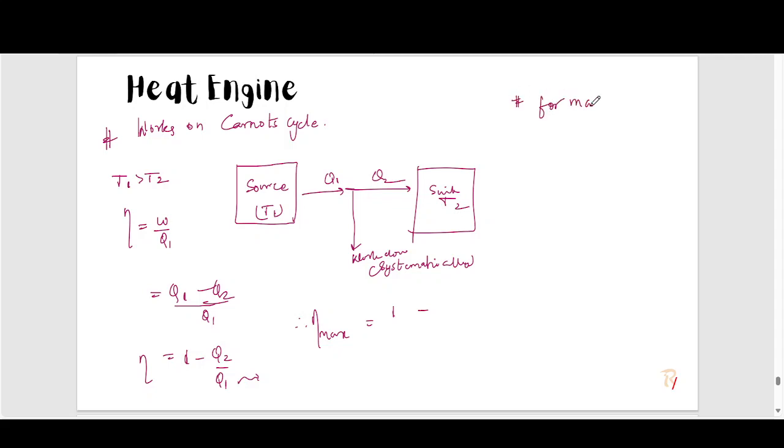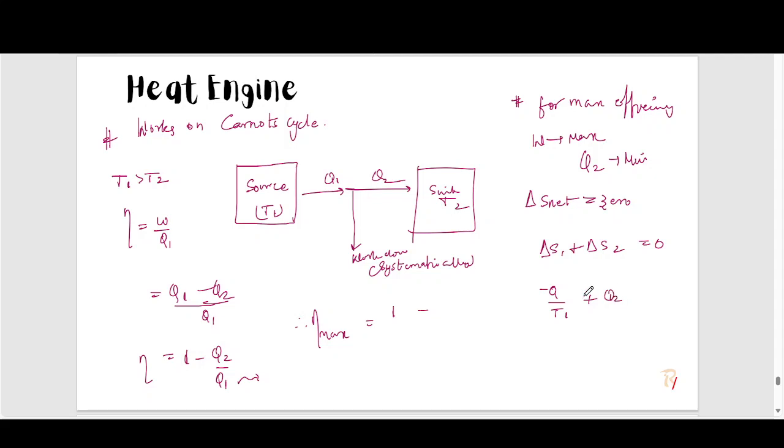For maximum efficiency, work done is maximum and Q2 is minimum. Therefore, del S net is 0. Del S1 plus del S2 equals 0, that is minus Q1 upon T1 plus Q2 upon T2 equals 0.